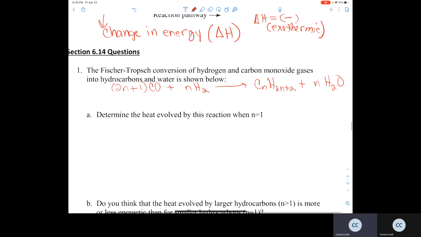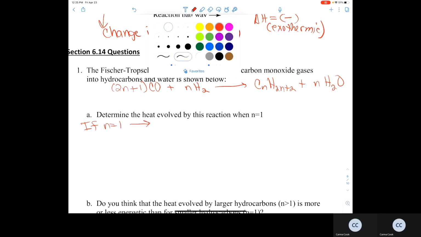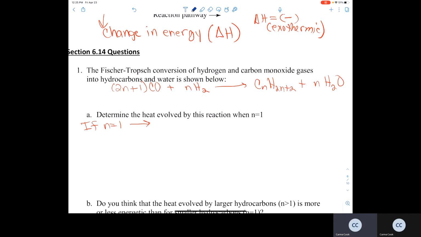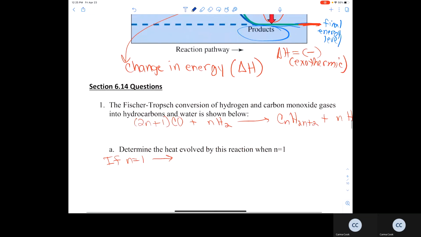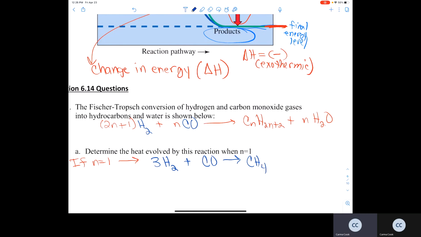So when n is equal to 1, we've got 3 H2 plus 1 CO, producing, if n is 1, methane.